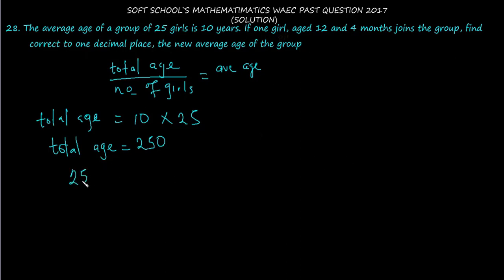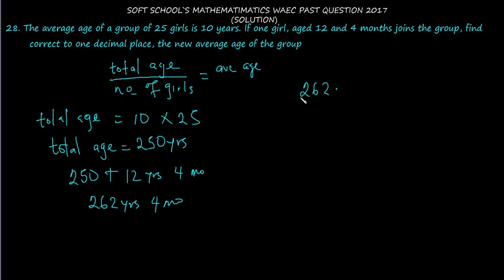So it's going to be 250 years plus 12 years and 4 months, which is 262 years and 4 months. They now said find correct to one decimal place the new average age of the group. We are still going to use this. So the total age is now 262.